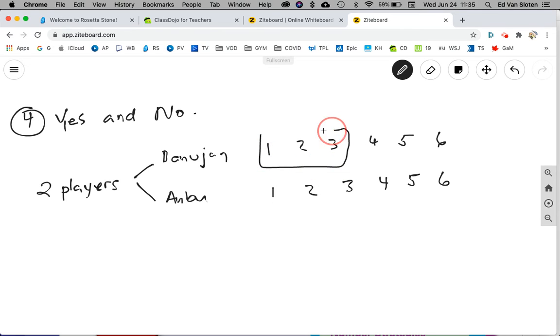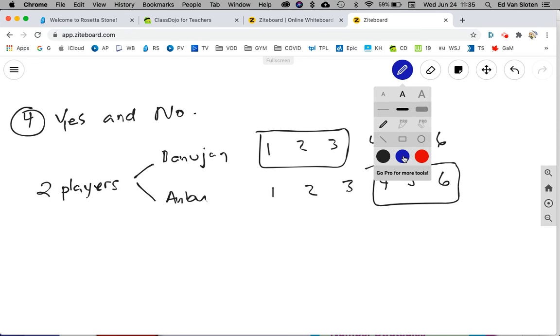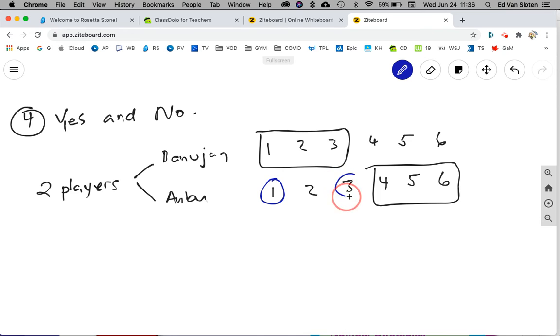If they decide Banujan goes first if he gets 1, 2, 3, and Anbu goes first if he gets 4, 5, 6, that's perfectly fair. 3 chances here. You can get goofy and say, how about if Anbu goes first if it's an odd number, 1, 3, or 5, and Banujan goes first if it's an even number, 2, 4, or 6. It's a fair way to start the game because Anbu still has 3 chances and Banujan still has 3 chances.